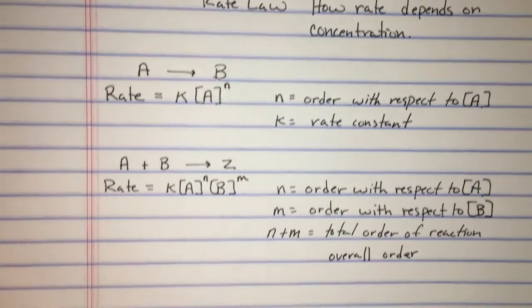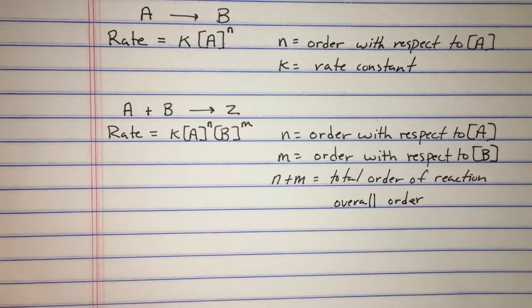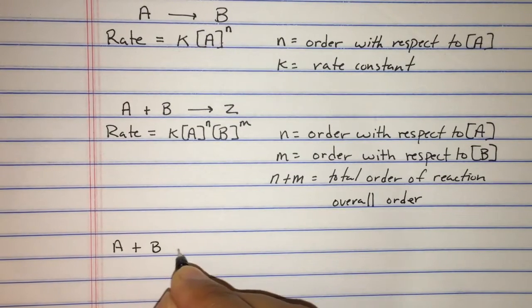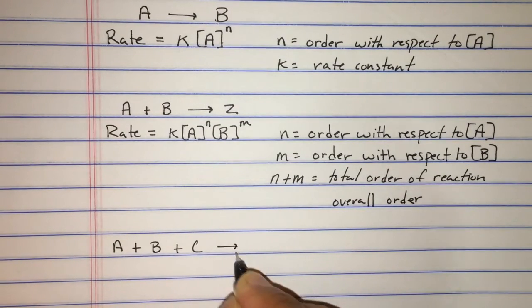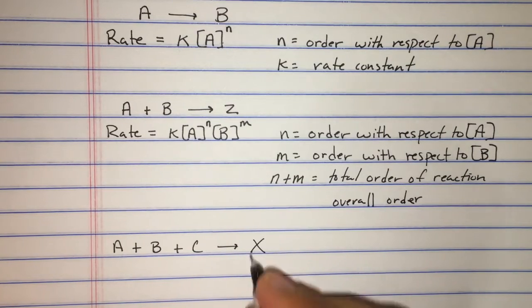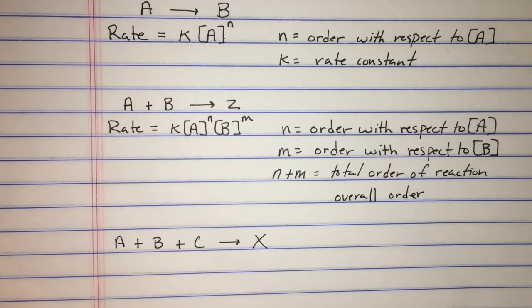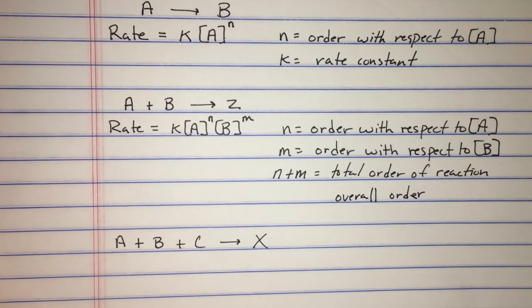Okay, one last example here. Very rarely, but sometimes you might have three reactants. So in this example, you have A plus B plus C giving X. Again, just some generic reaction.